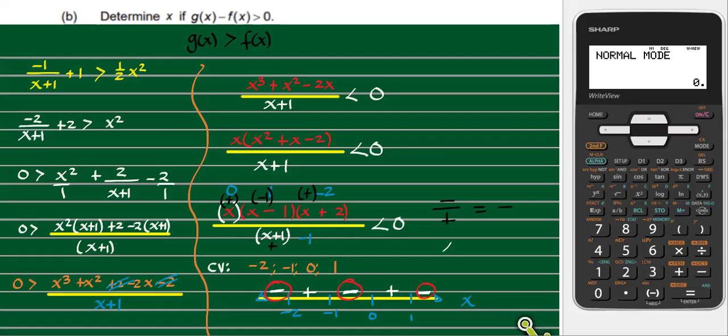So it's going to be x is less than negative 2. We boxanize that. Then we can also say, oh, the next minus is between minus 1 and 0. So I'll say minus 1 less than x less than 0. That's the second solution. And then the next one, it's beyond the 1.